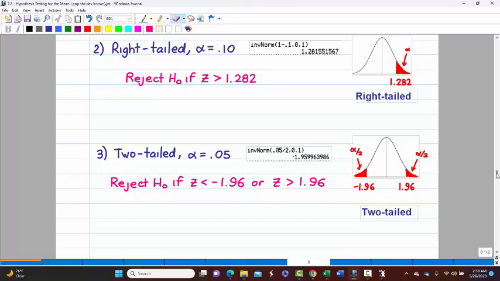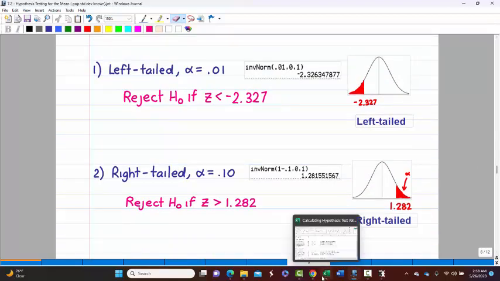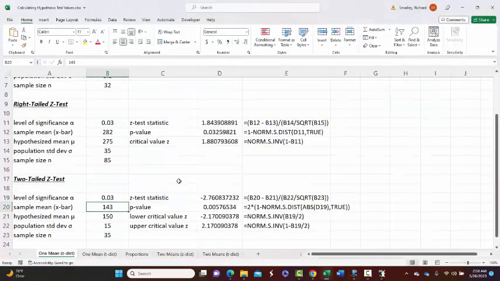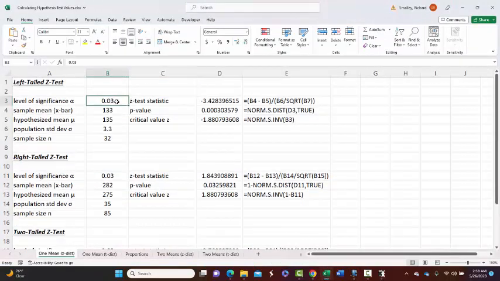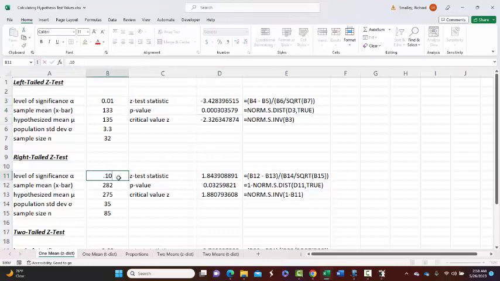I'm not going to copy anything from Excel over to the notes, but I can come in here and do left-tailed 0.01. And there's the negative 2.33. I believe this one was 0.10. There's 1.28.